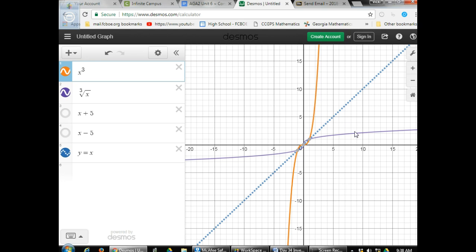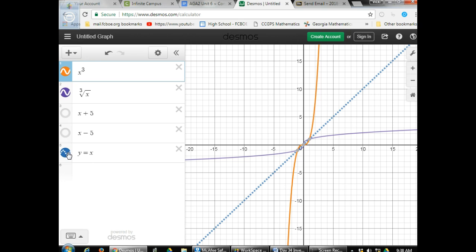So you kind of see that reflection. So (2, 8) becomes (8, 2), and the same thing on the left side of the graph. So I just want to point that out because you can definitely see that the x and y values change places, exchange. And then they're actually reflected across the line y is equal to x. And that is because they are inverses of each other.